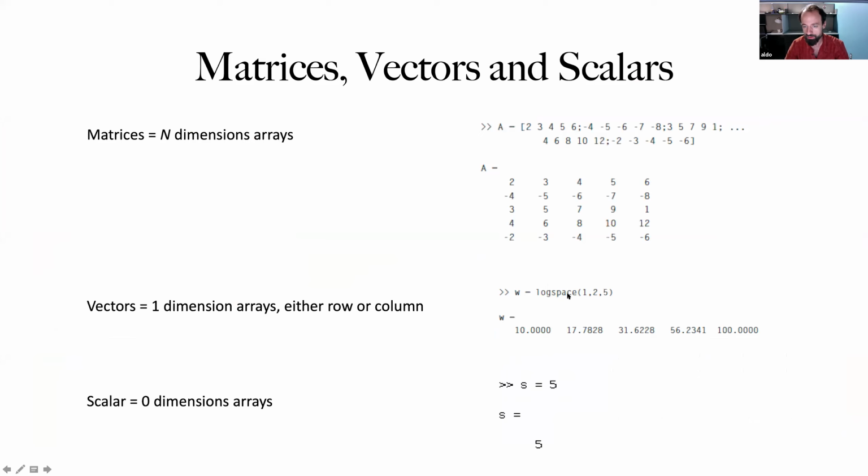Basically, this builds an array, like a vector, that goes between 10 and 100, which is the logarithmic of 10 with exponent 1 and exponent 2. So this array will have 5 elements equally spaced.